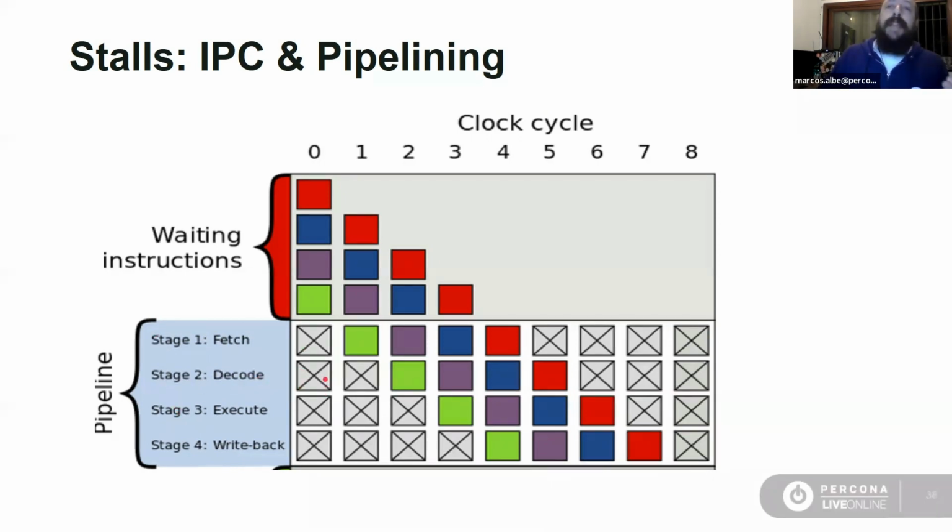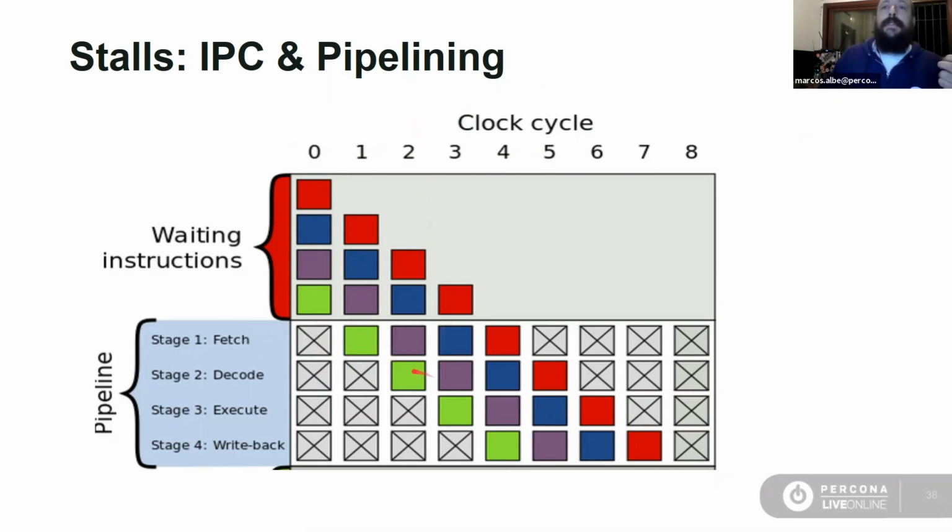And the pipeline helps with the poor memory performance because it allows us to execute multiple instructions in a single clock cycle. If you look, the clock cycles are in the verticals, and here are the instructions that will be executed. In the first clock cycle, I got the green instruction on the fetch.